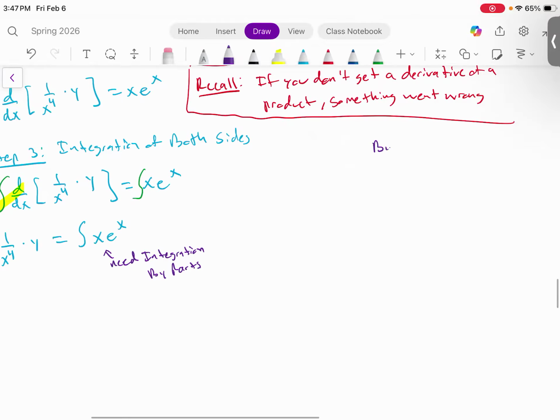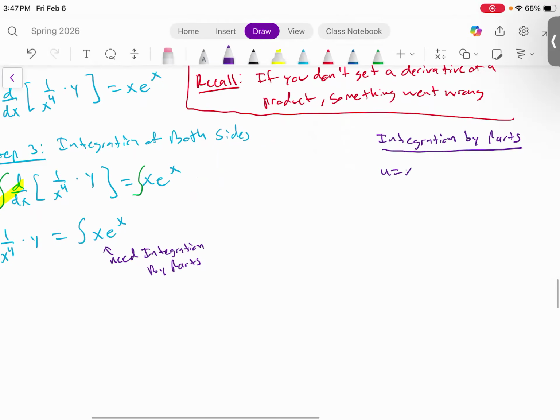So here's my integration by parts. And so what would my u be here? U would be my polynomial, so it'll just be x. And my dv would be e to the x dx.